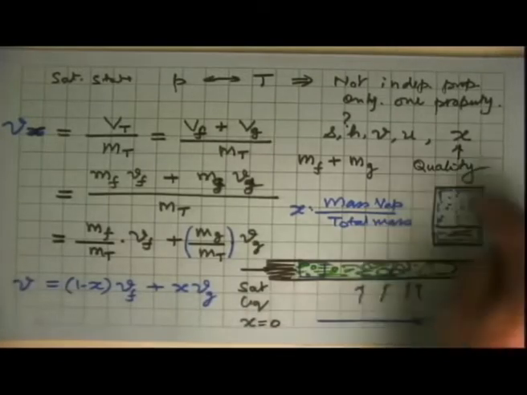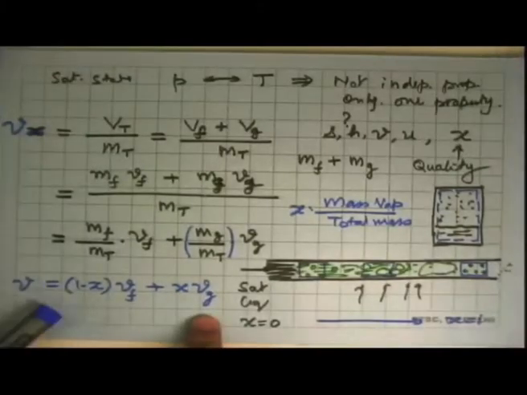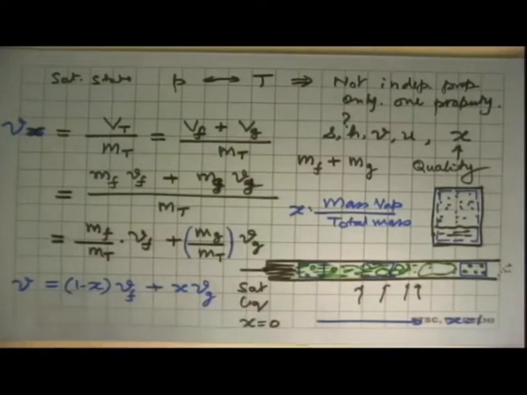So the specific volume of this mixture, or this mixture, or this mixture, can be calculated by a relation where we know the dryness fraction and we know the specific volumes of the two phases.